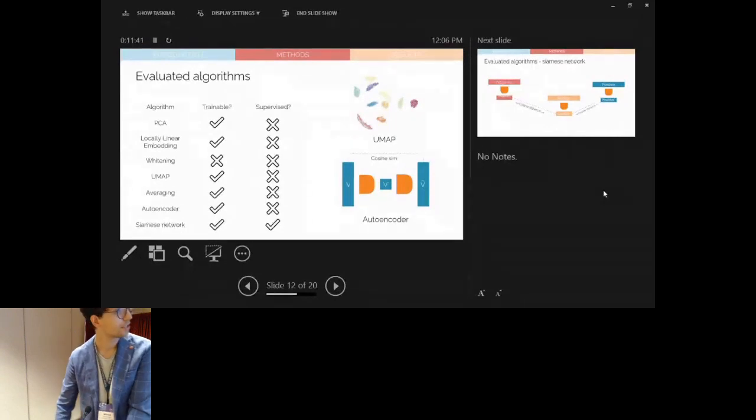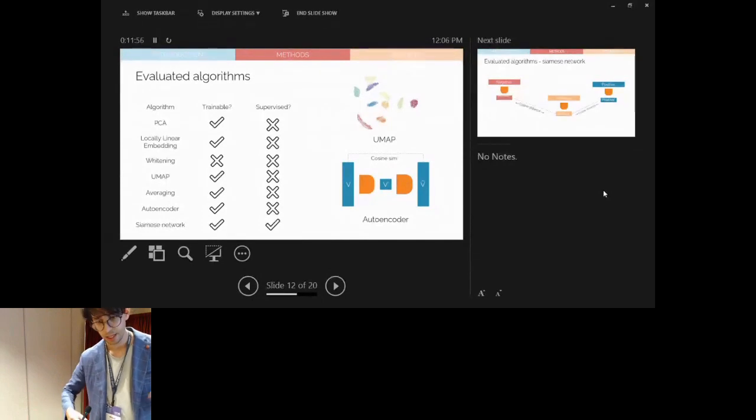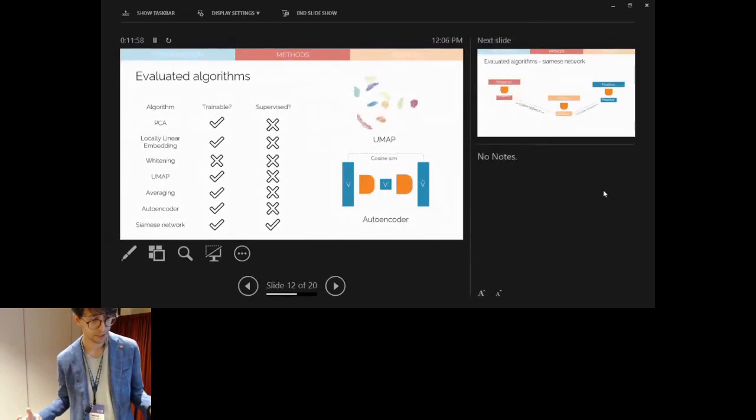The autoencoder network is a simple one layer neural network that takes the vector v, compresses it into v', and then tries to expand it so that the cosine similarity between the original and expanded vector is as close as possible.